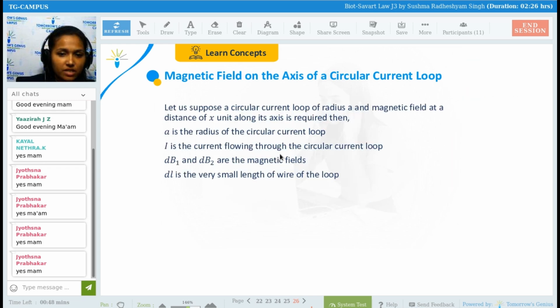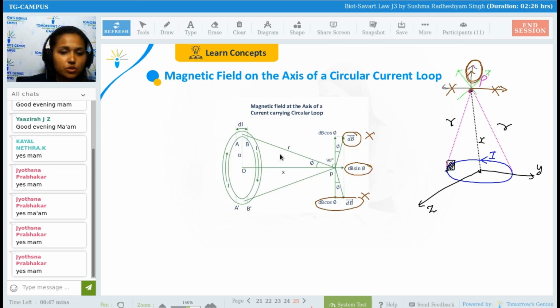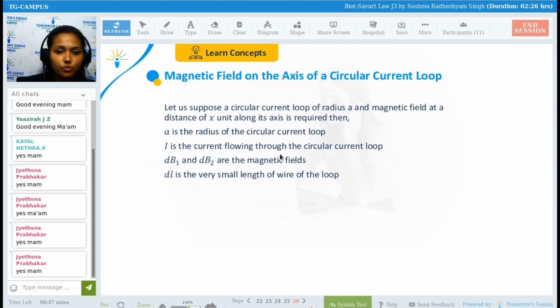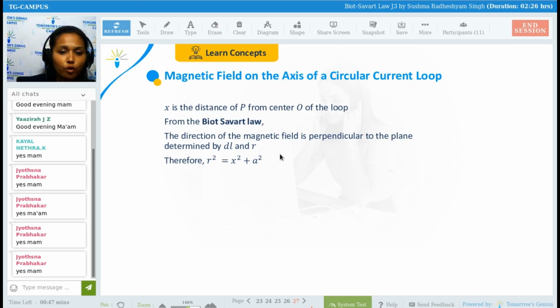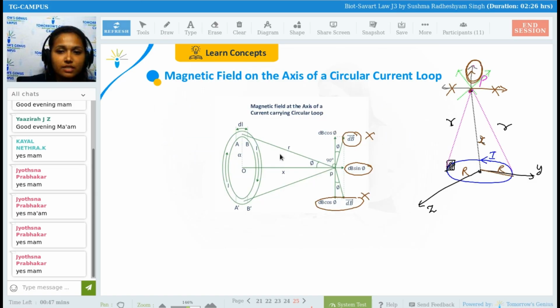So now we want to find the magnetic field at point P. We simply use the Biot-Savart law. So see friends, this is your r. This x is known to you. This r is unknown to you. This is the radius of the given circular loop, which is known to us. So we use the magnetic field formula. If instead of capital R we use a, so this is your a, this is your x, this is your r.